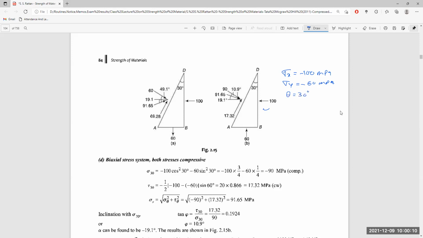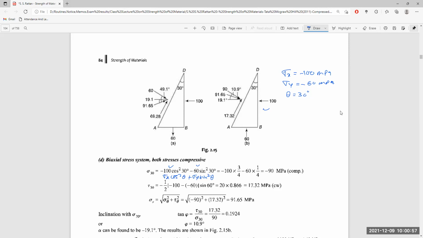In the equation, sigma 30 is sigma x cos square theta plus sigma y sin square theta, which can be reduced further. We put sigma x as 100 and sigma y as 60, both negative because both are compressive, and theta is 30 degrees.